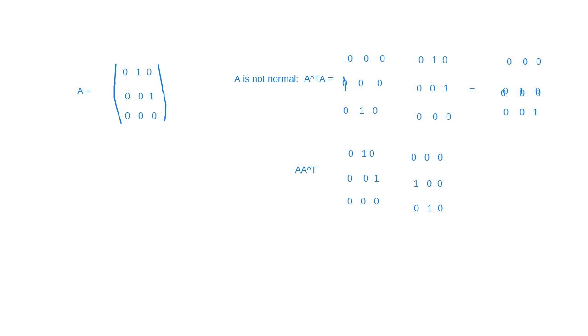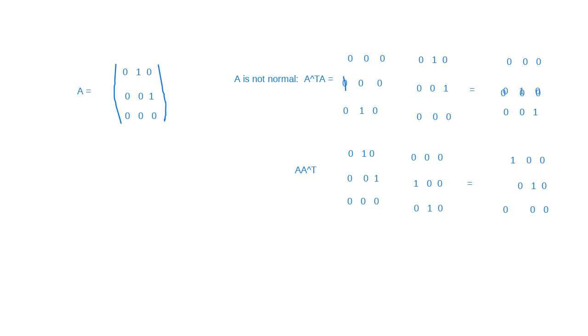Okay, well, I get 1, 0, 0. Already I see I get something different. And then I get 0, 1, 0, and then I get 0, 0, 0. So I get two different things when I do A A transpose and A transpose A. So here we have a matrix that's not normal, so it's not unitarily diagonalizable.